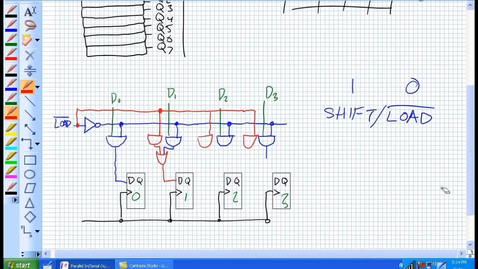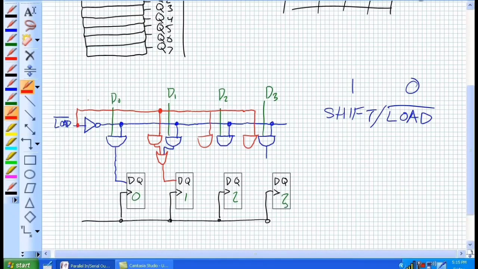So what I've done here in this diagram is I've redrawn our load with our ANDs there, and now I've done the portion of the shift, and I've done that in red. Our parallel data, I've done that in green. Okay, so let's describe this in further detail, and we'll expand upon the shift, i.e. the serial out.